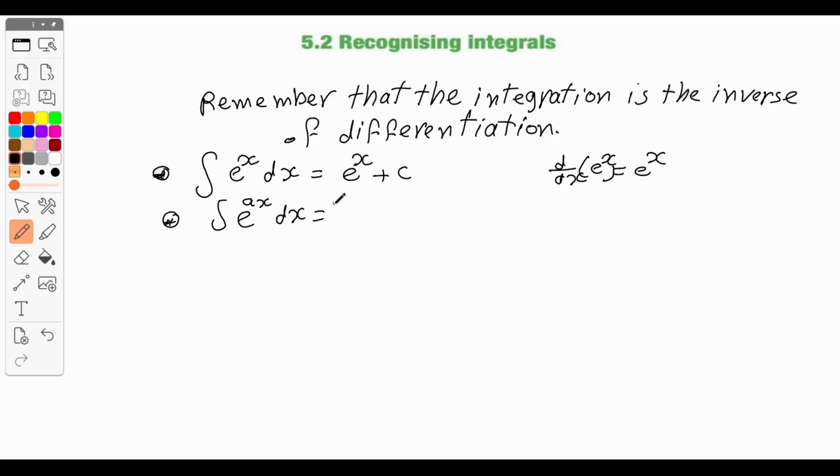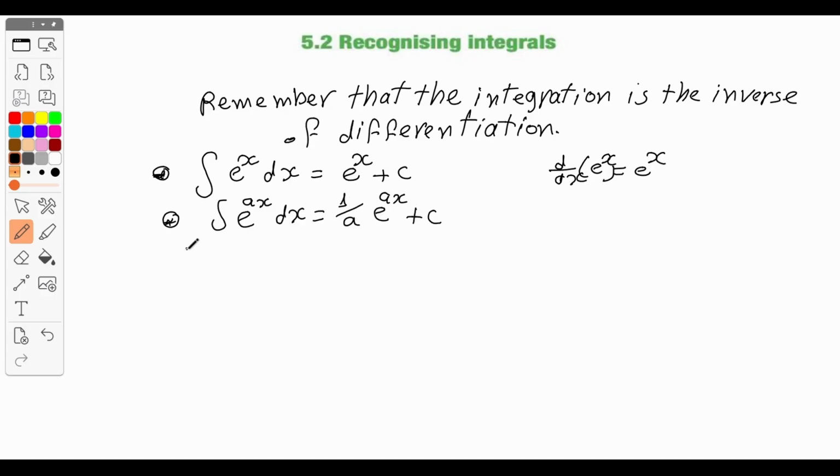The answer here is 1 over a e to the ax plus c. So if we have e to the ax, the integral is 1 over a. You should divide by this coefficient of x, which is a: 1 over a e to the ax plus c.